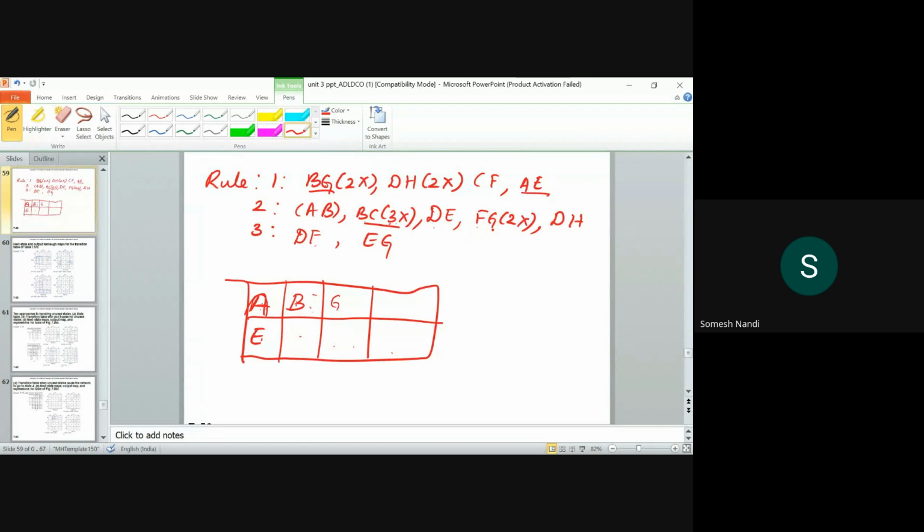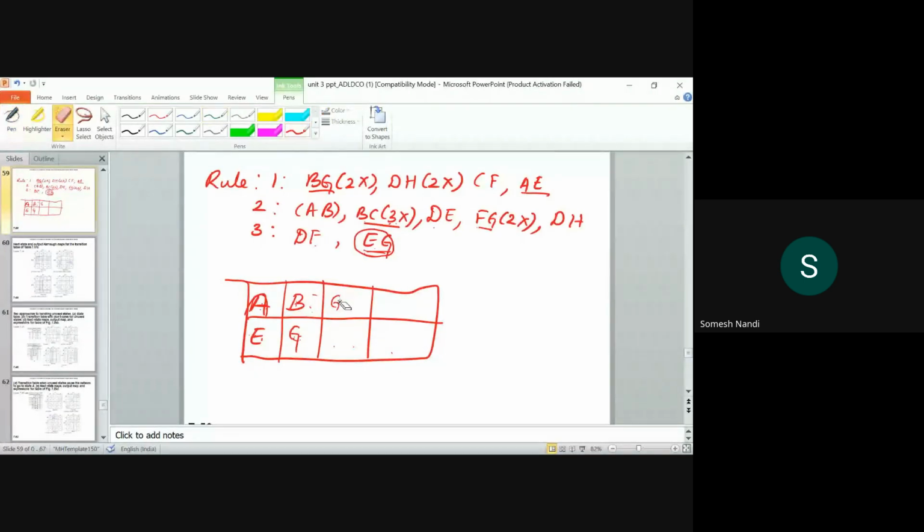Where do I have to place FG? For G, EG is adjacent. So instead, if I put G here, will it work out? If I put G here, you have a combination of EG also here. So that also is solved. So I have put G over there.